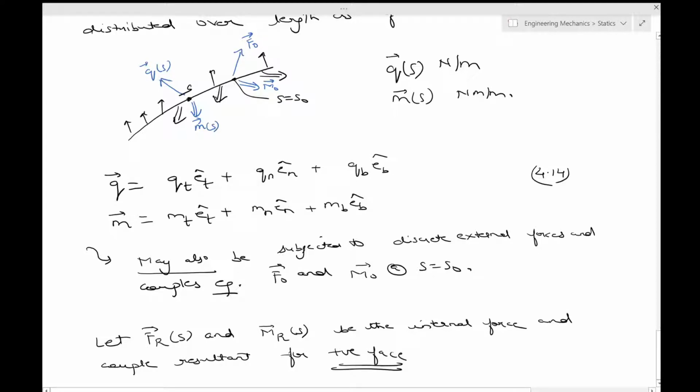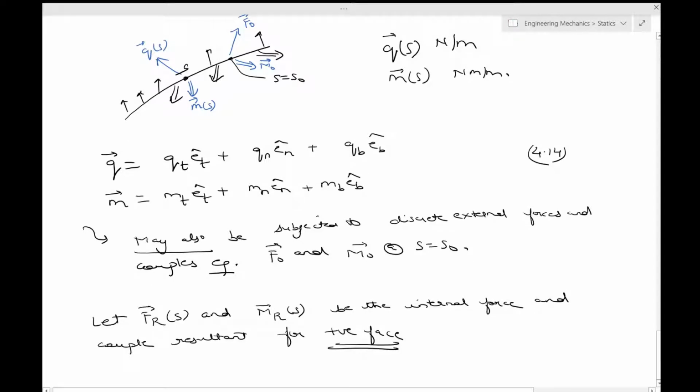Remember the definition of a positive face: the outward normal to the face of the cut is in the positive e_T direction, hence it's a positive face.